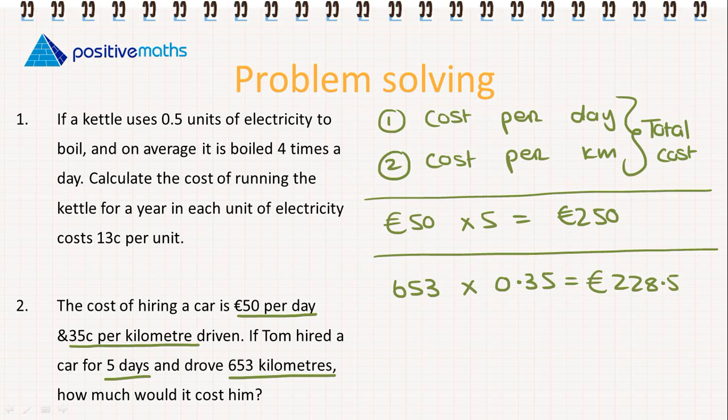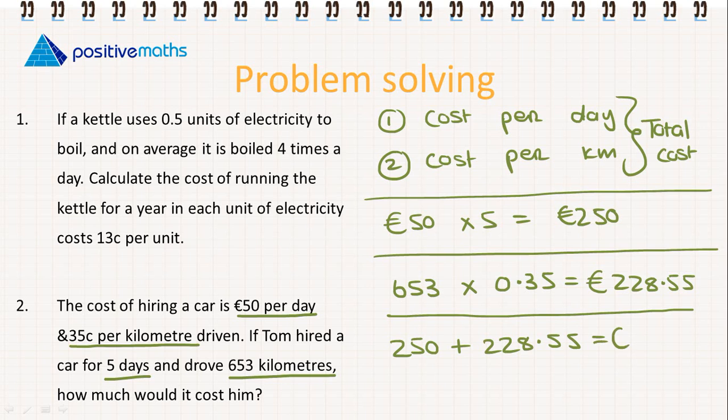So that's a cost of 228.55. So then our total cost is going to be 250 plus 228.55. So the total cost is 478.55.